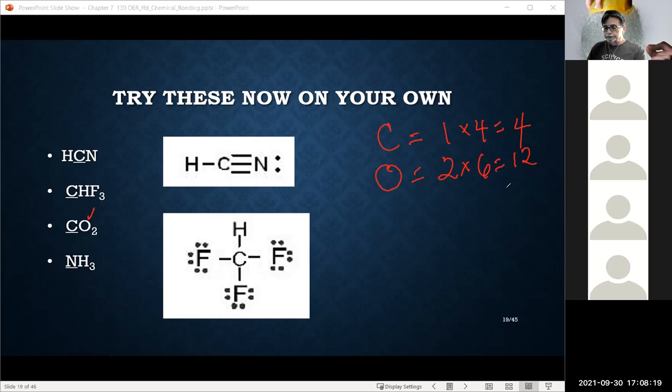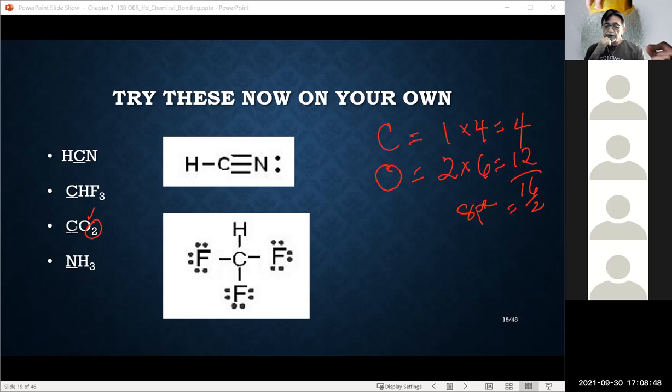So we got 12 coming from both oxygens. That's another error that possibly can happen, is you don't account for the fact that you got 2 of them. So you got to double the number of valence electrons, okay? Like we did with fluorine, we had 3 fluorines. We have to multiply 3 times 7. So therefore, we have a total of 16 valence electrons, or 8 pair.